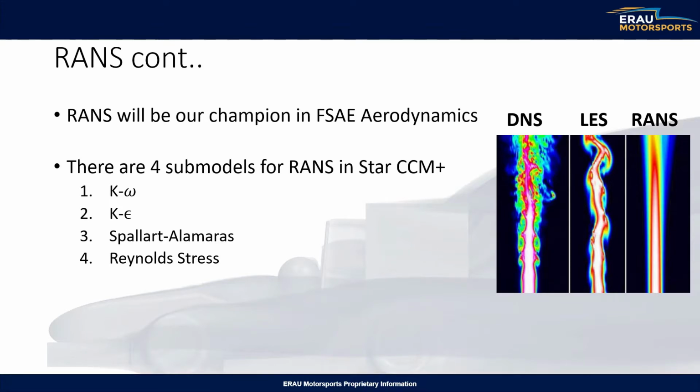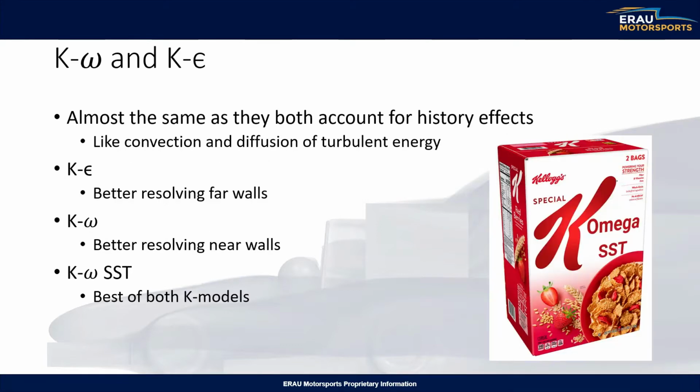We will note that there are four submodels we can choose from in STAR-CCM: K omega, K epsilon, Spalart-Allmaras, and Reynolds stress. K epsilon and K omega are almost the same. Along with RANS, they account for history effects like convection and diffusion of turbulent energy.